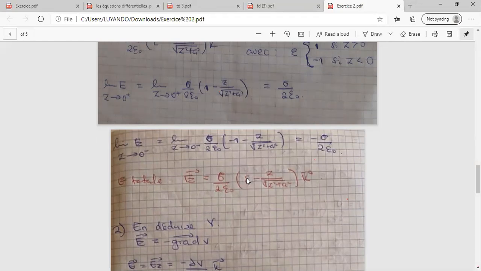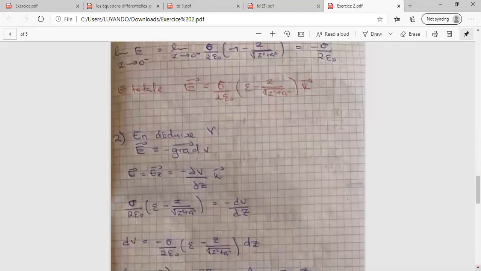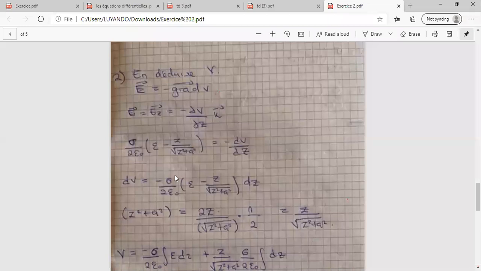It is -1 if z is less than 0, and 1 if z is greater than 0, from what we calculated. So you can replace your e with 1 or with -1. That's where our e is coming from, and so we have our field here.